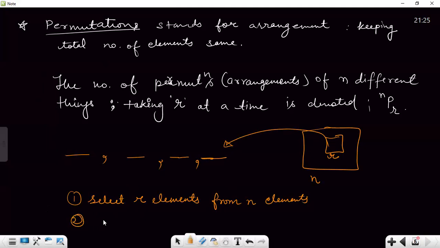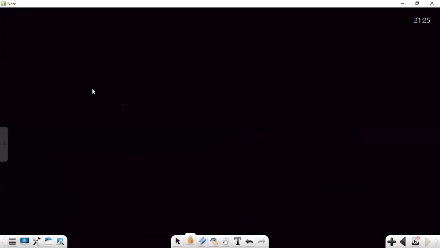And second step is arranging r elements at r spaces, at r places, basically inter-arranging them. Basically, let's say there are three books of English, Hindi, math.